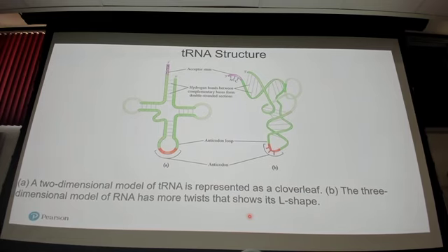Let me explain what was actually on this side. This ACC is the acceptor stem. What that means is that whatever anticodon is here, if these nucleotides code for serine, serine is going to attach here. That tRNA is going to be transferred to the ribosome, and if the first codon on the messenger RNA is serine, serine is going to be the first amino acid that starts the protein synthesis.